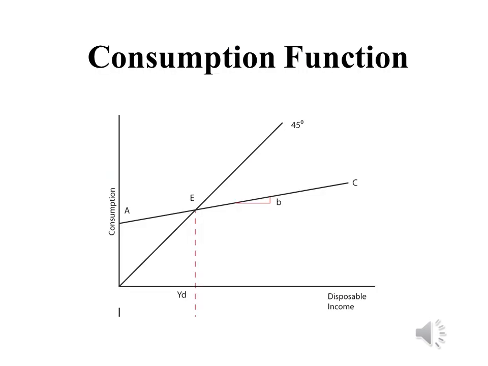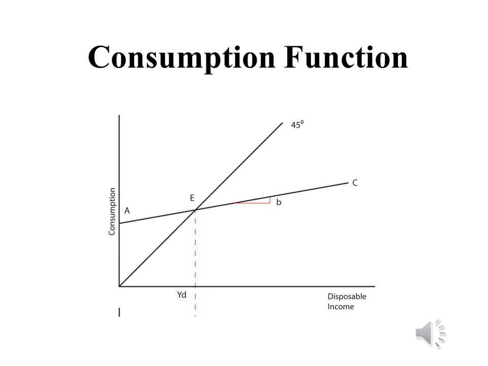This graph shows the consumption function, where we have a positive relationship between consumption and disposable income. The 45 degree line is the income line. At point E, where consumption equals income, the savings equal zero.